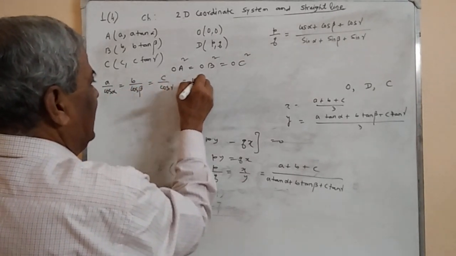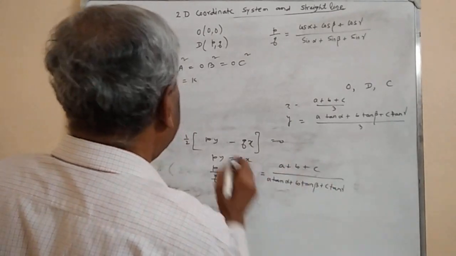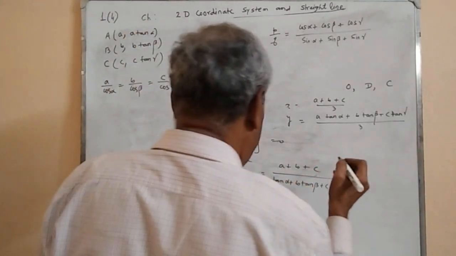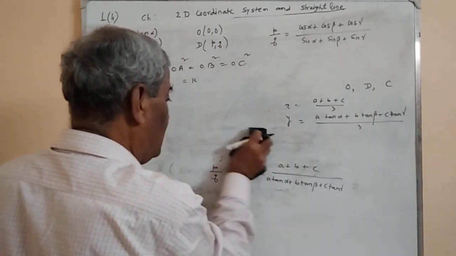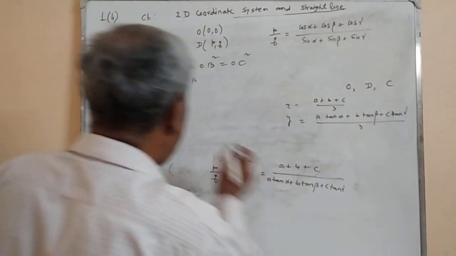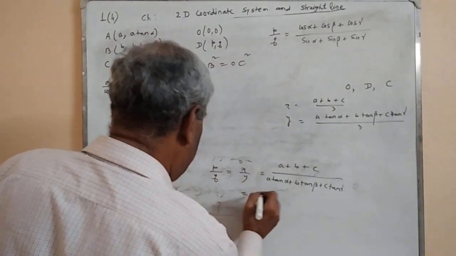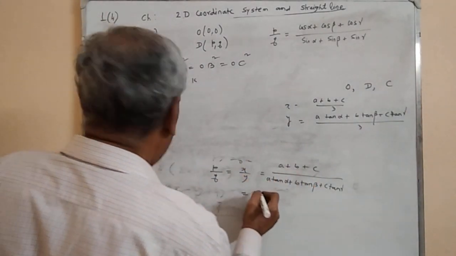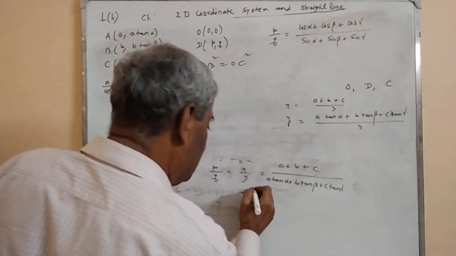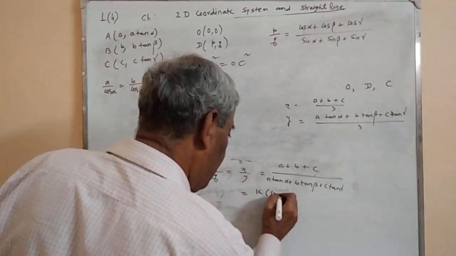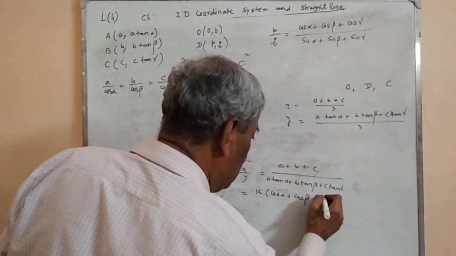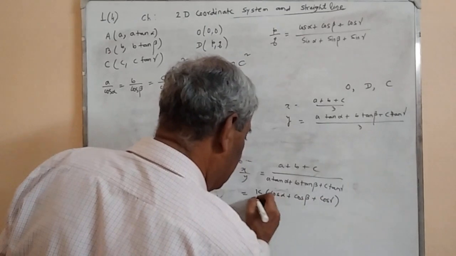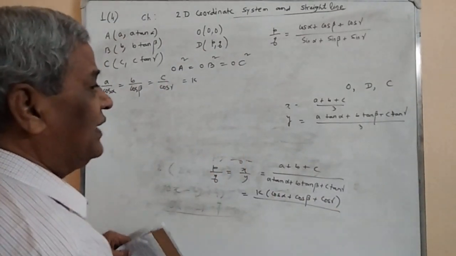We have taken it as K. A plus B plus C means K into cos alpha plus K into cos beta plus K into cos gamma, divided by A tan alpha.